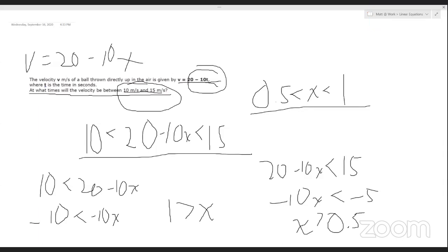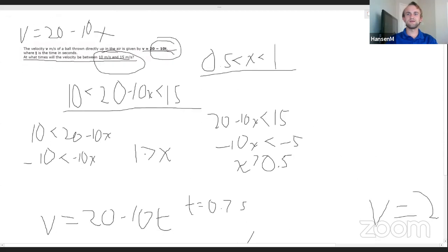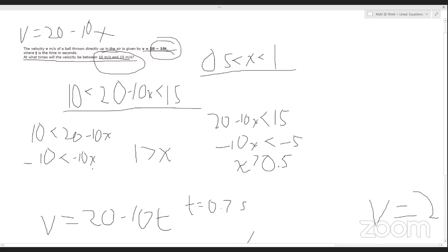Yeah, I got my answer backwards. Oh, did you flip the signs? Well, no, it was just I got negative 1 is less than t, and t is less than 0.5.